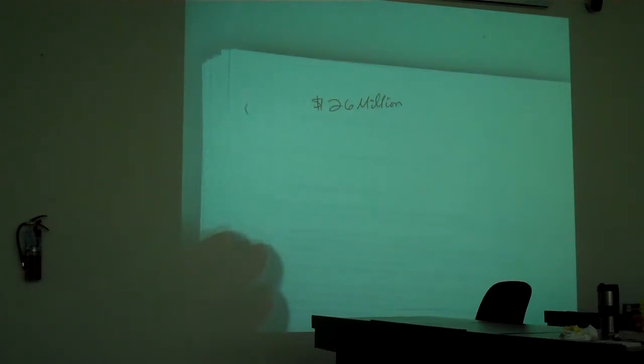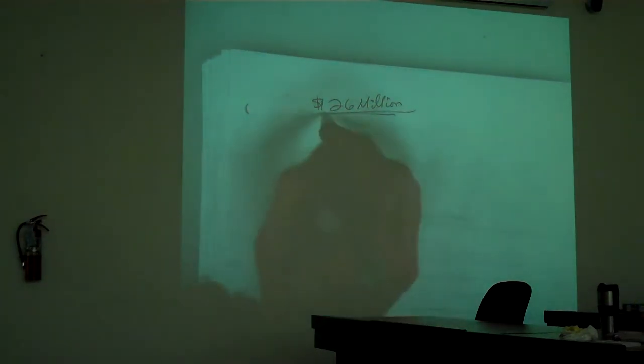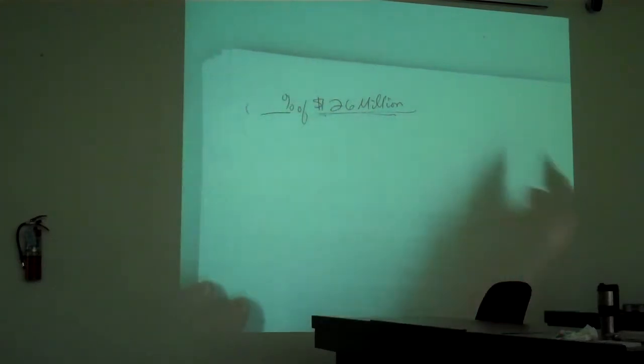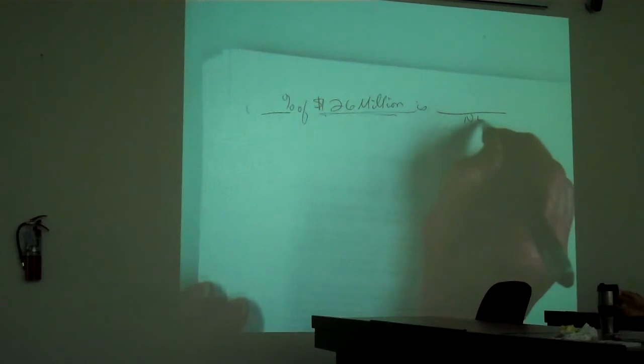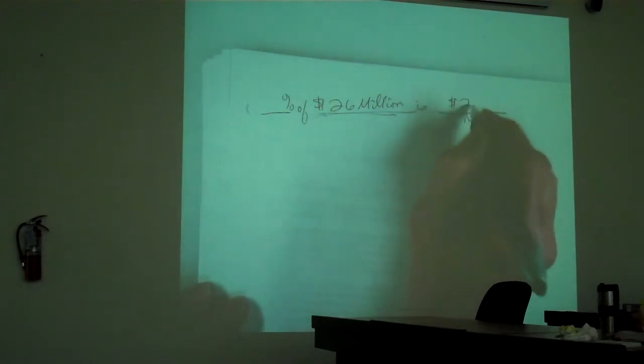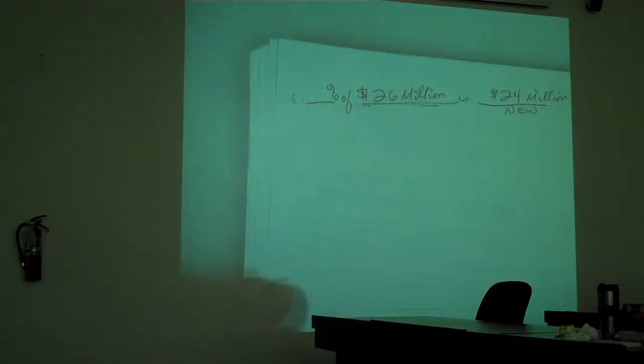Of this amount, new car sales accounted for receipts of 24 million. What percent of the total sales are new cars? So a percentage of this amount is the new car sales, which was 24 million. So we're trying to find the percent part.